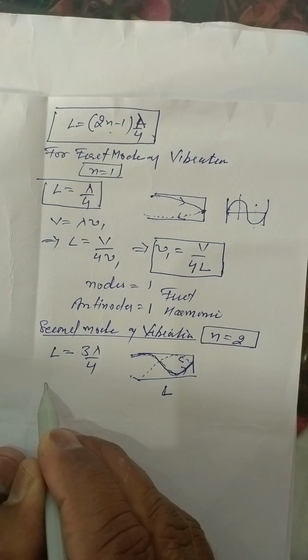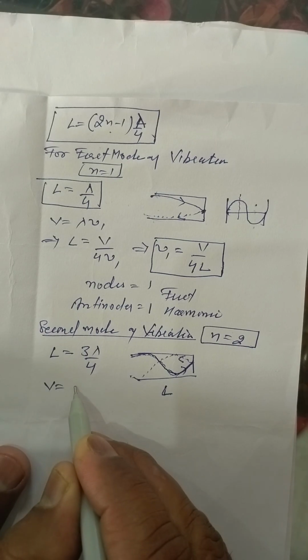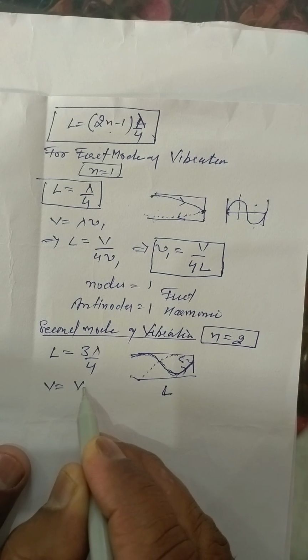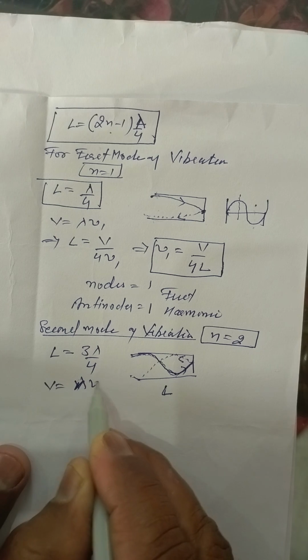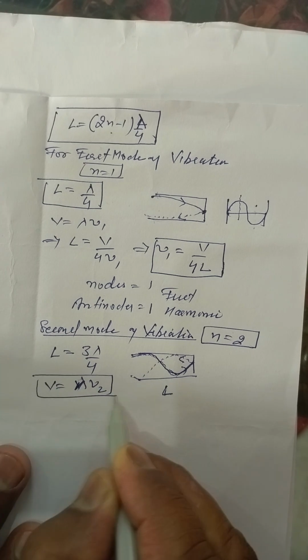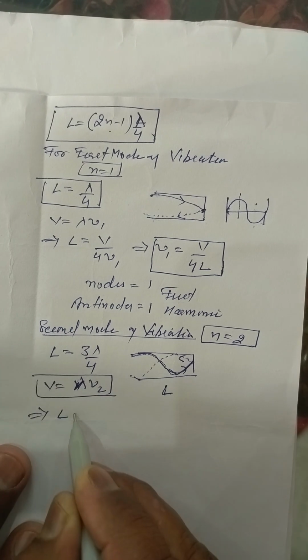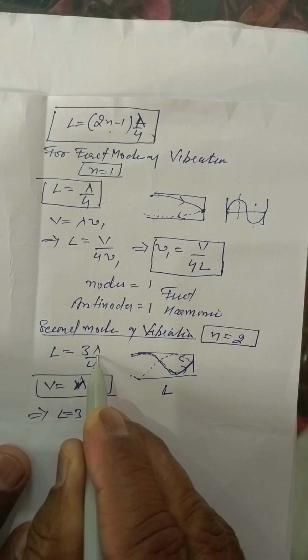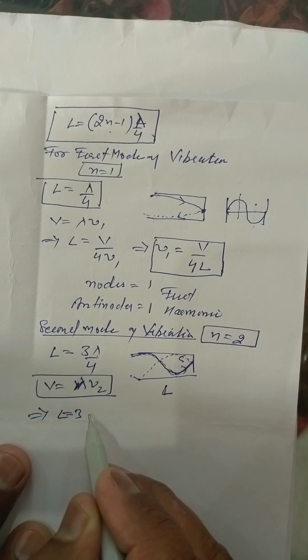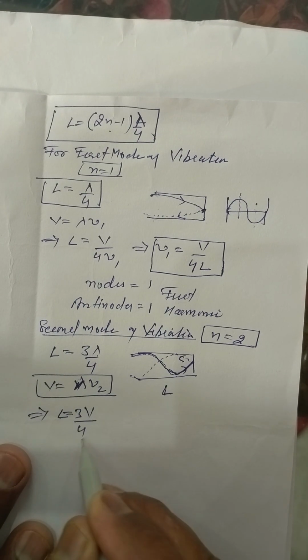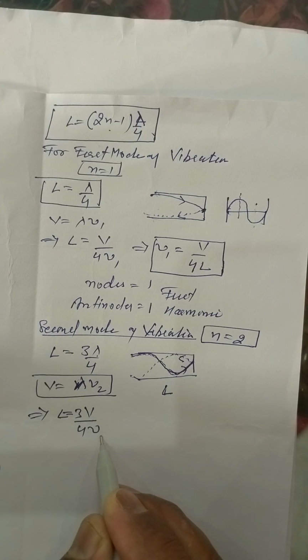But before that we will put the value of V, V is equal to lambda into nu 2. So this implies that L is equal to 3 lambda, which will be replaced by V upon 4 into nu 2.